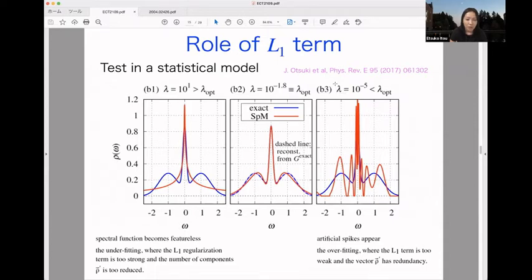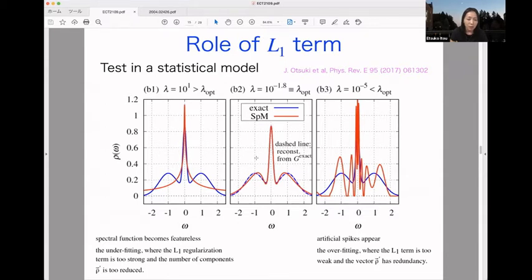On the other hand, if we take a small value of lambda, then the obtained spectral function has artificial spikes. This corresponds to overfitting, where the L1 regularization term is too weak and the vector rho prime has a redundancy.